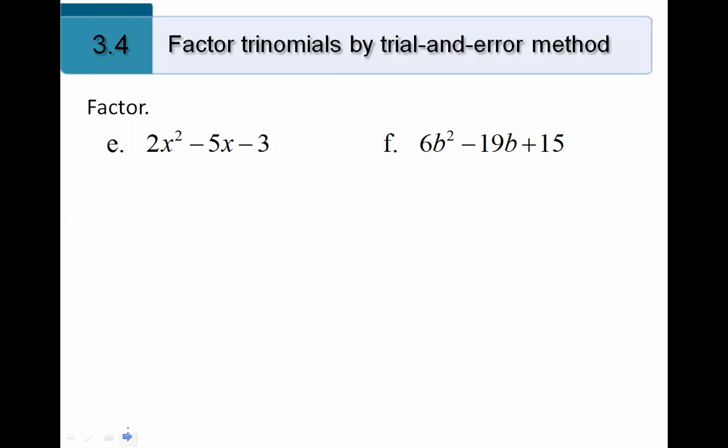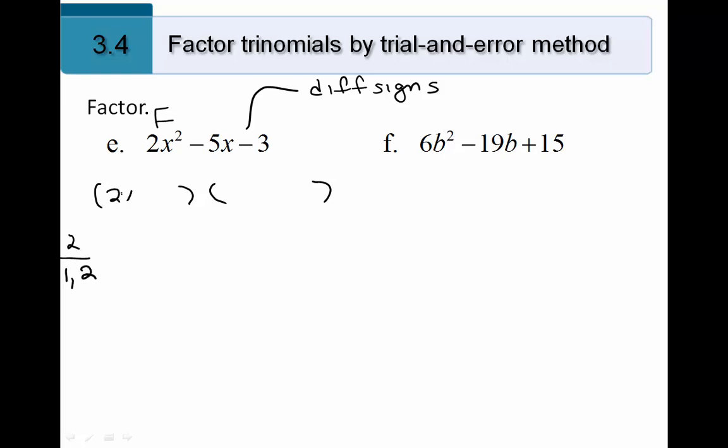All right, 2x squared minus 5x minus 3. Different signs. I look at that negative right away. There's my F. Factors of 2 are 1 and 2.